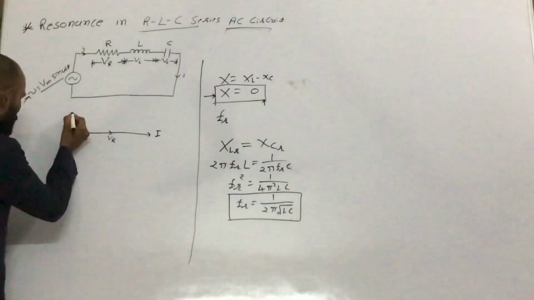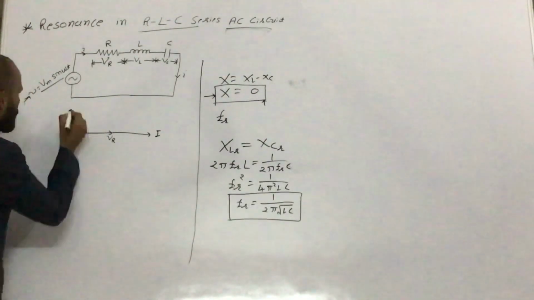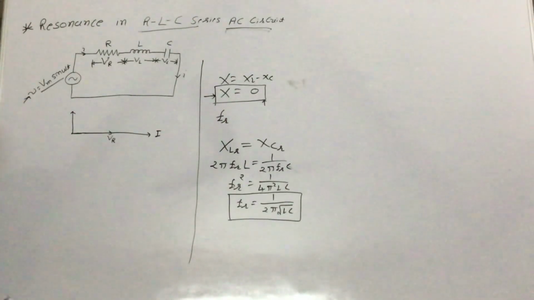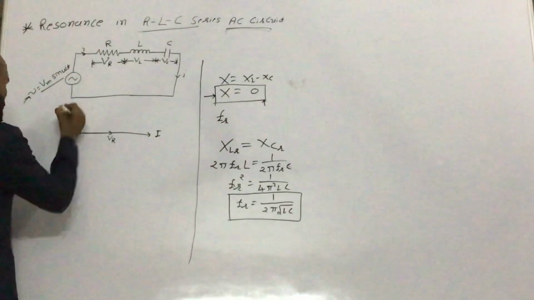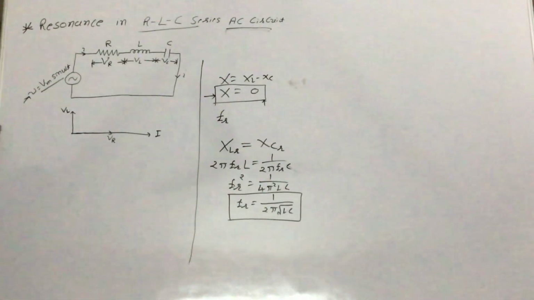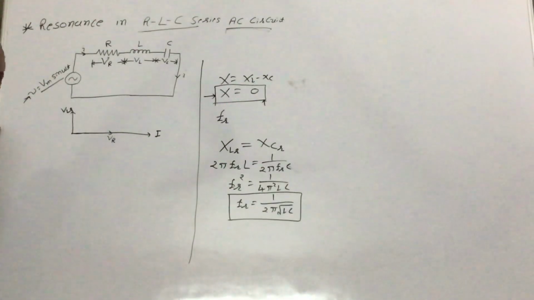So in case of inductance, voltage across the inductor leads the current by 90 degree. So this is the voltage across inductor, and here we write VL because this is the voltage at the resonance condition.